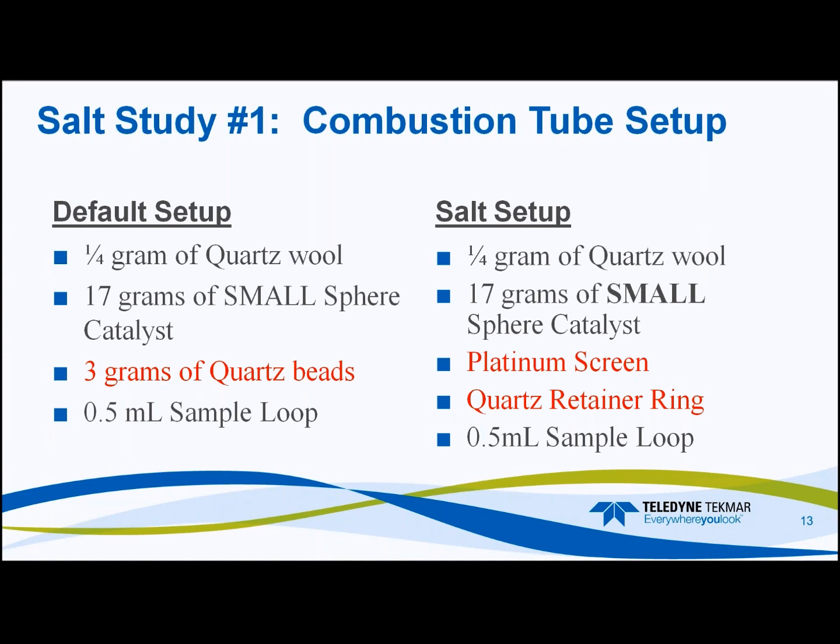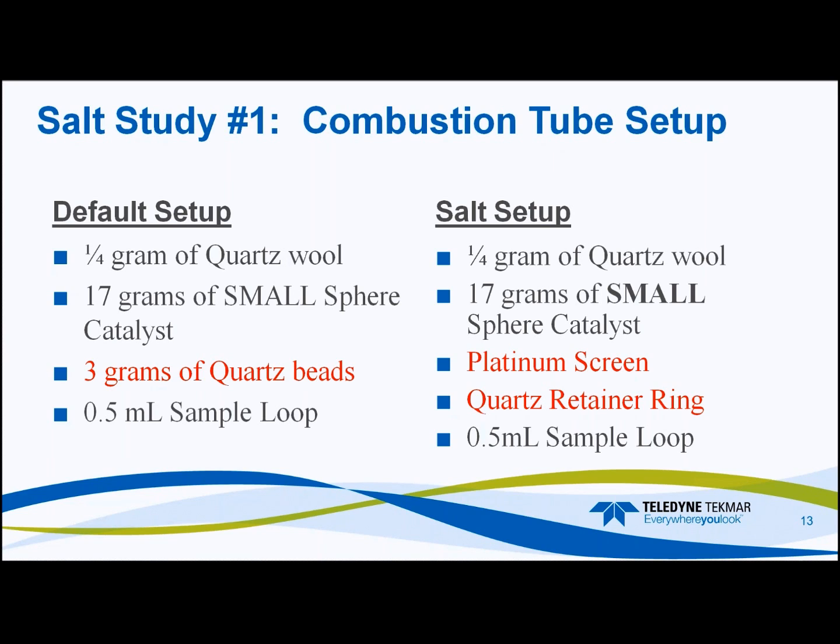It uses a conveyor. So in the first study that we ran, our combustion tube consisted of a 1/4 gram of quartz wool in the bottom. We were using 17 grams of a small sphere platinum catalyst. We had 3 grams of quartz beads on top.